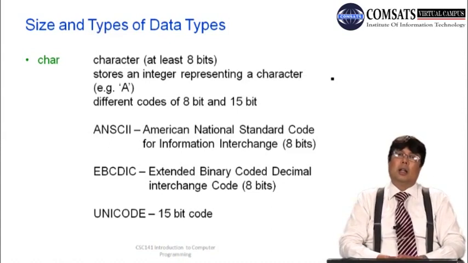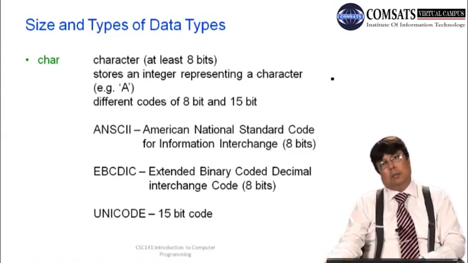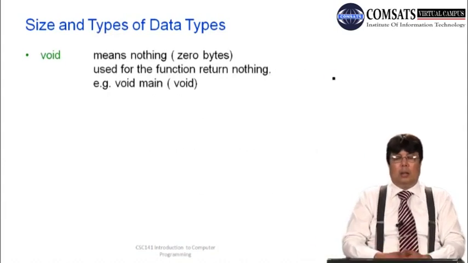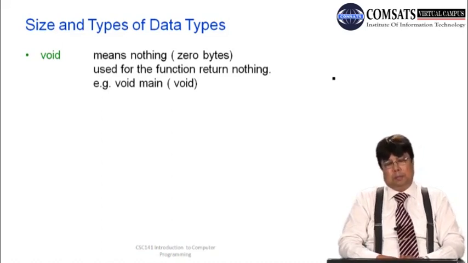What is the reason for it? In Fundamentals of Computer Concepts I will explain why we needed Unicode. Void, the size of void is 0 because it is nothing. It is just used to indicate that it does not contain any data, any information.